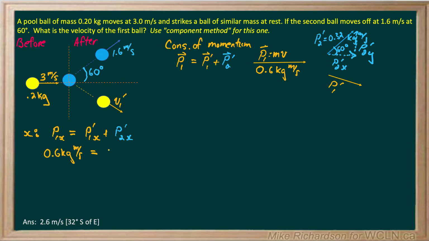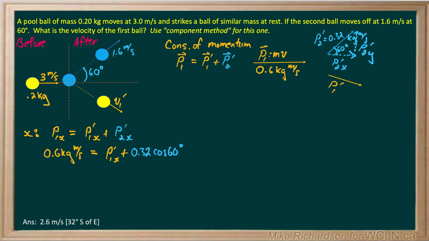P1 prime X is what we're looking for. I don't know the value of that. P2 prime X would be 0.32, right? That's the hypotenuse. And I want to get the adjacent side, so I got to go cos 60. So 0.32 cos 60.